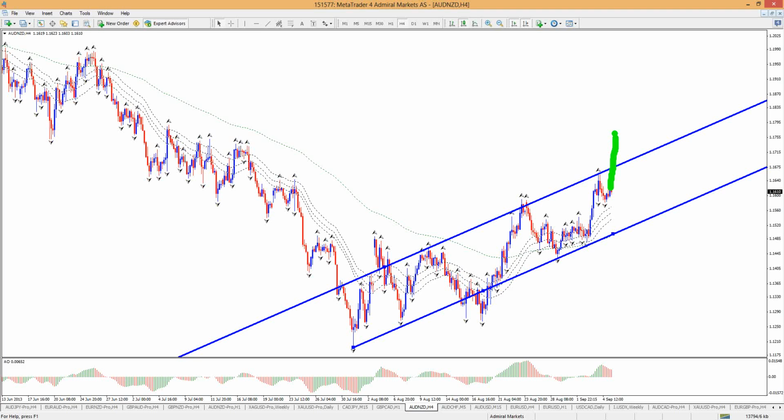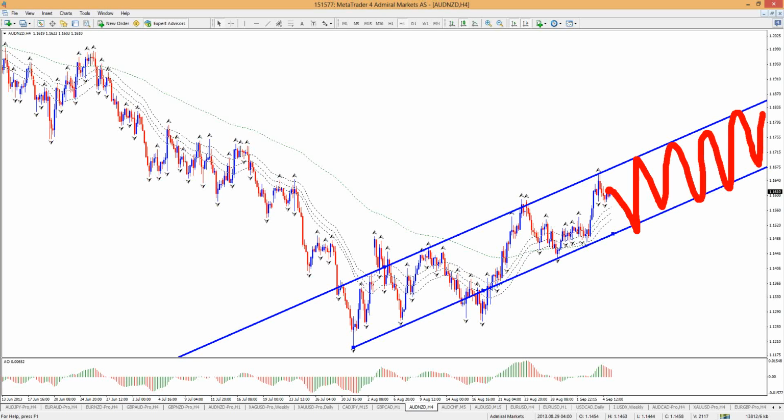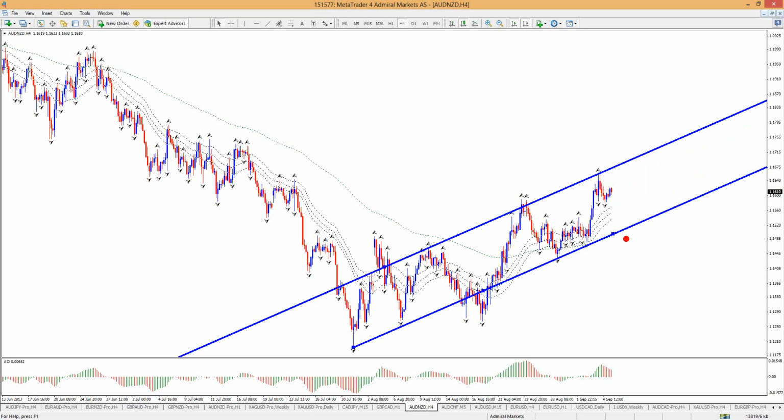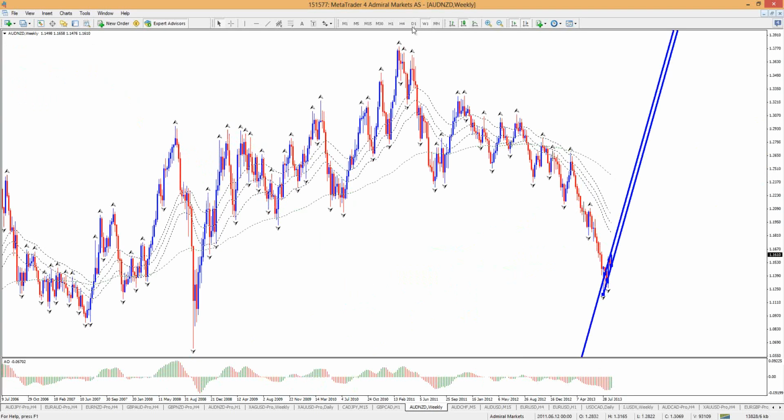If not, then this trend channel is still a good channel. It could bounce in between this channel, keep on going up. That's fine for me too, no problem. And if this channel breaks, well, then there's more continuation of the weekly downtrend, basically.